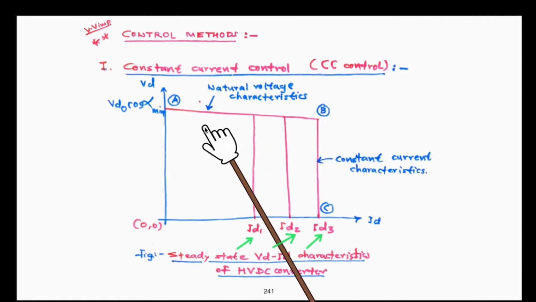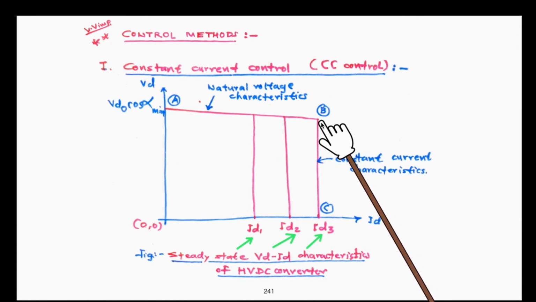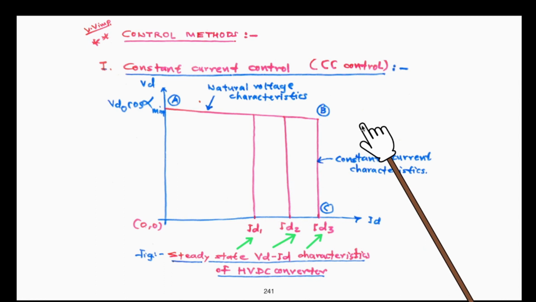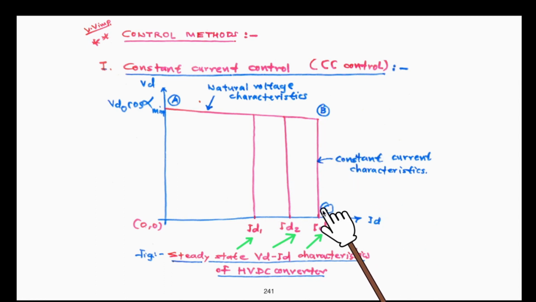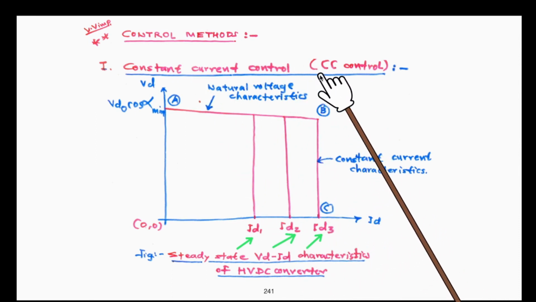Because thyristors are solid state devices, they don't have any overload capacity, right? So current monitoring has to be very prompt. Current cannot be allowed to increase beyond a set value. So this value is communicated to the controller. It is set in the controller, constant current control mechanism.